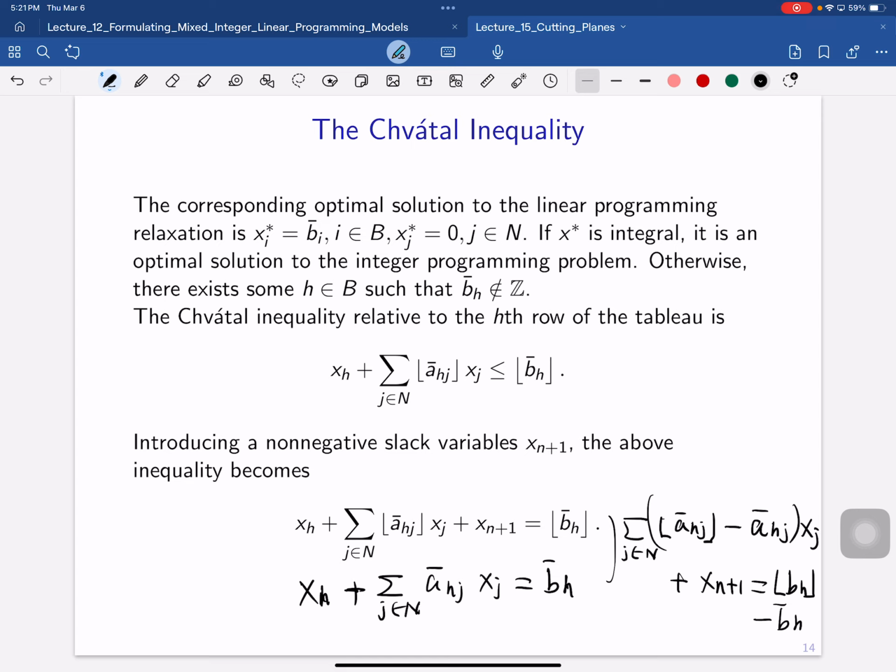Now let's define the difference of ahj bar minus the floor of ahj bar as fhj, right? So fhj is the so-called fractional part of a given number, right?